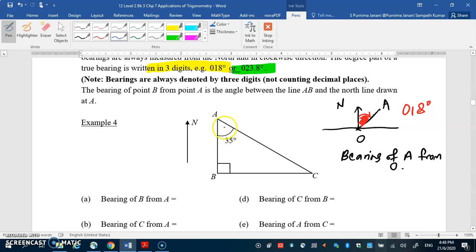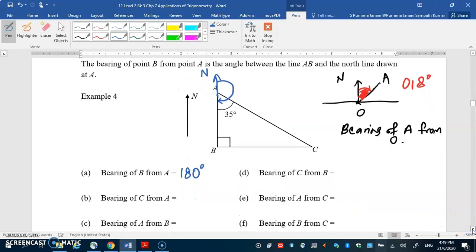This angle BAC is 35 degrees, and now they say find the bearing of B from A. So B from A means you will draw your north at A, because it says from A. Then remember you must go clockwise all the way until you hit AB. So this is a clear 180 degrees, and that's already 3 digits, so the answer is 180.